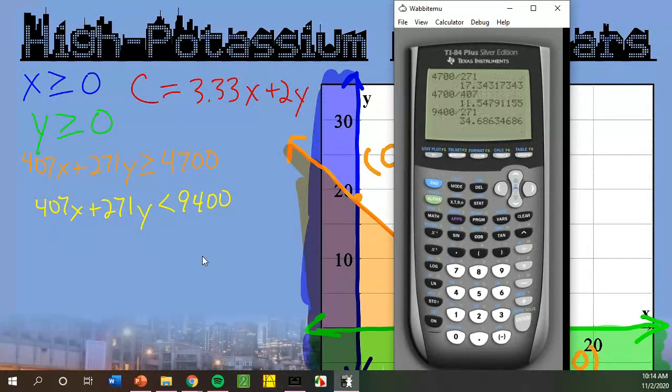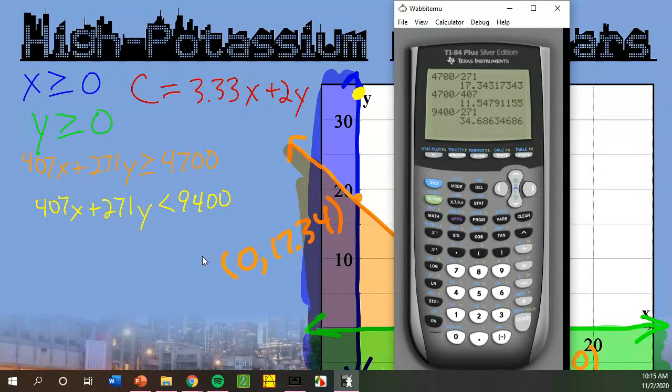And that gives me 34.68. So let's see, these are by fives. So 34.68 is about right there. So when x is 0, y is 34.68.